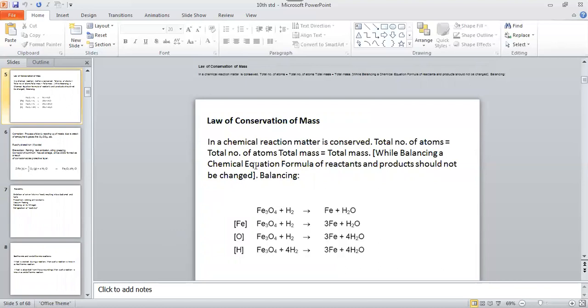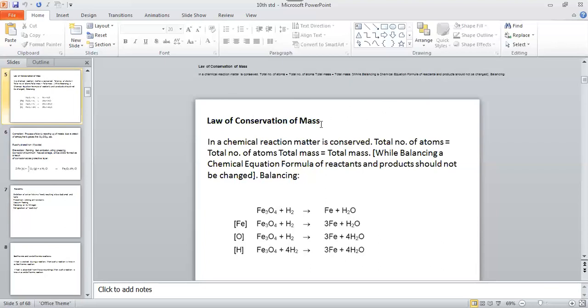The next point from this chapter is the law of conservation of mass. The meaning of conservation is keeping constant. We know in a chemical reaction, A is converted into B, that is, reactant is converted into product. The law of conservation of mass states that the mass of reactants before the chemical reaction is equal to the mass of products.